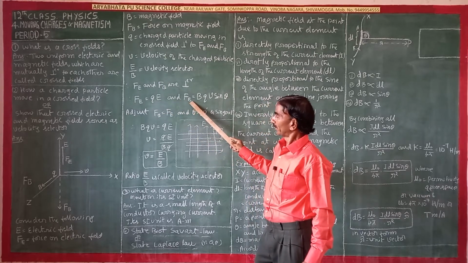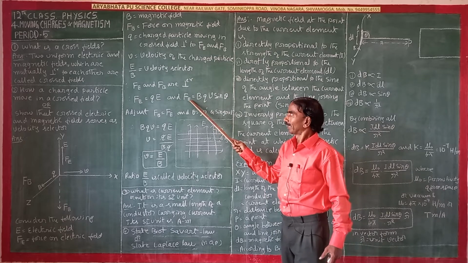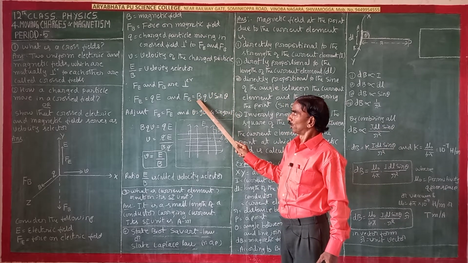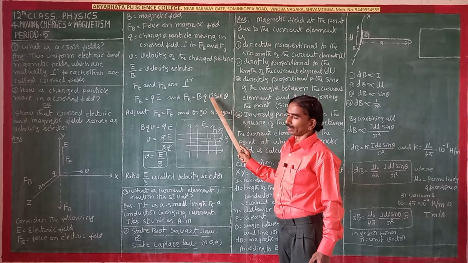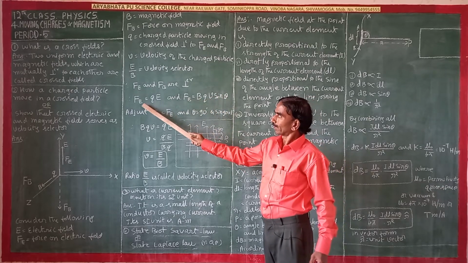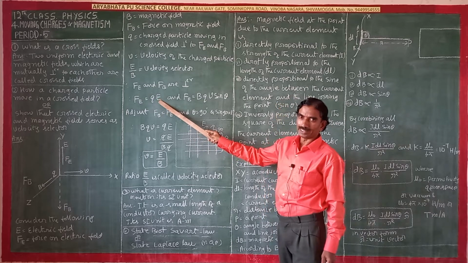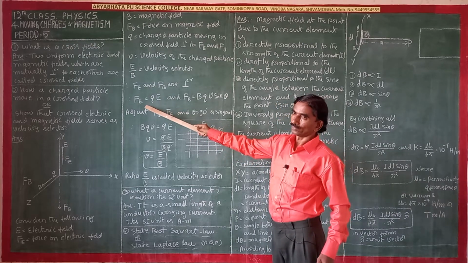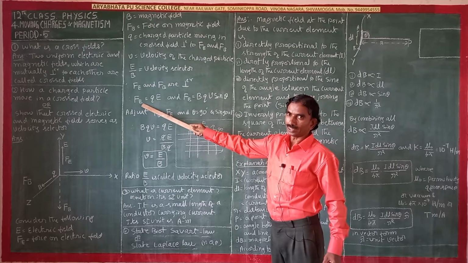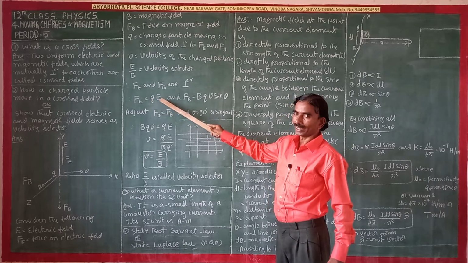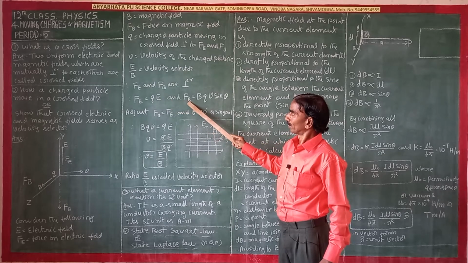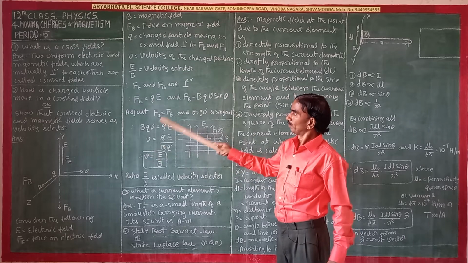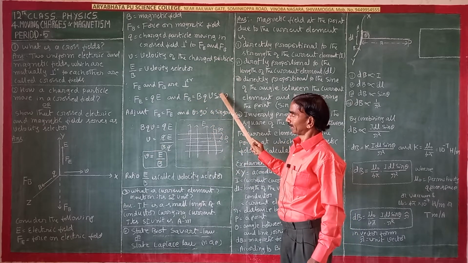In the same way, the magnetic force on a charged particle is Fb equal to BQV sin theta.